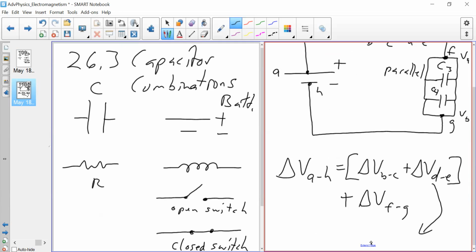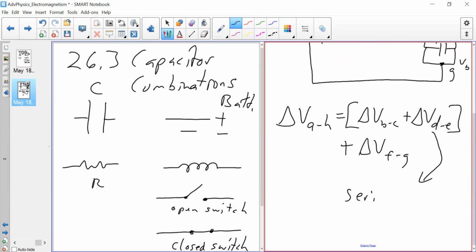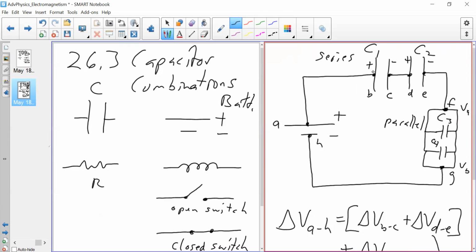So like I said, these are series capacitors. They have the same charge, but different voltage. And the reason why the voltage is different is because these 2 distances are different. Let's say that this is 1, 2, 3, and this is a difference in quantity, because these are 2 different sets of points.